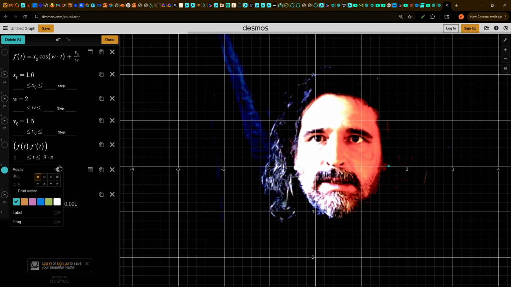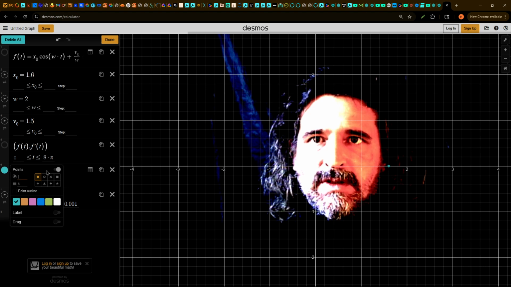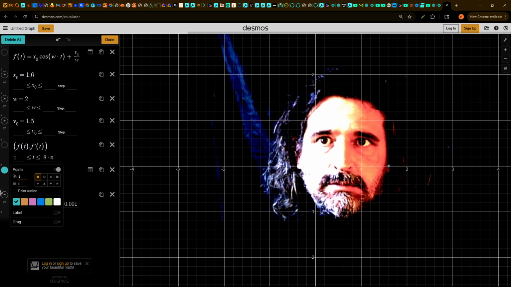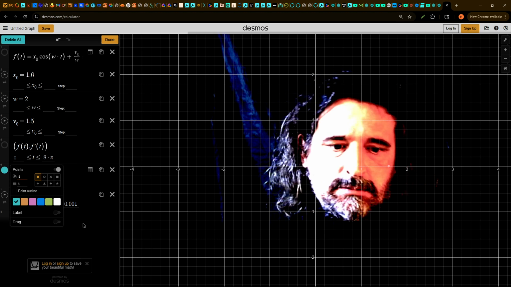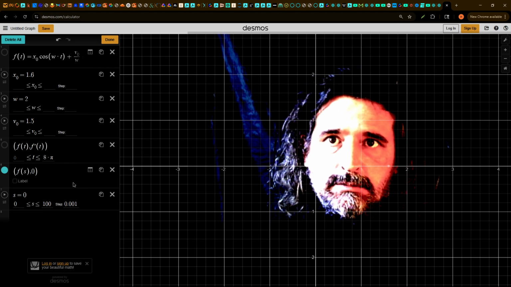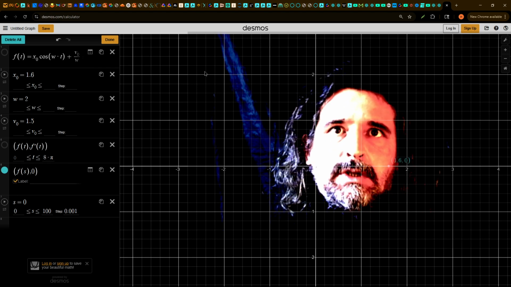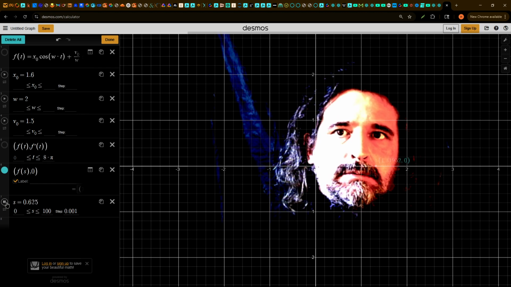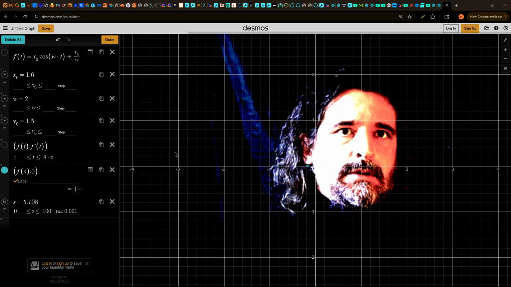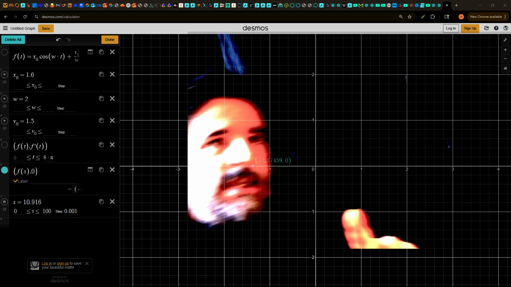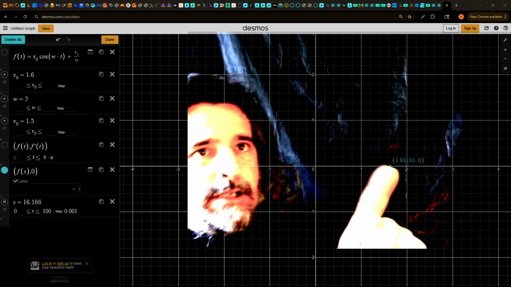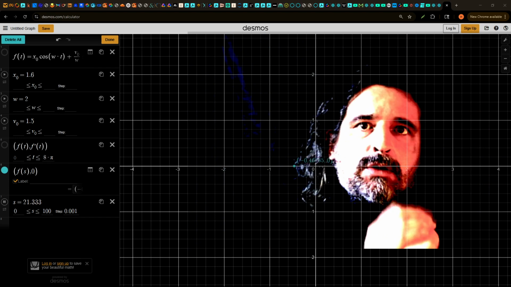Oh, yes. Points, 4. And now play. So it's difficult to see, but there it is, the particle oscillating. And that's how it oscillates.